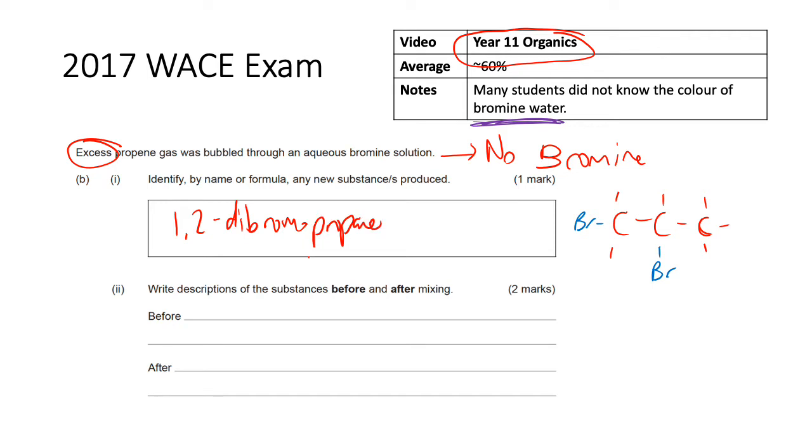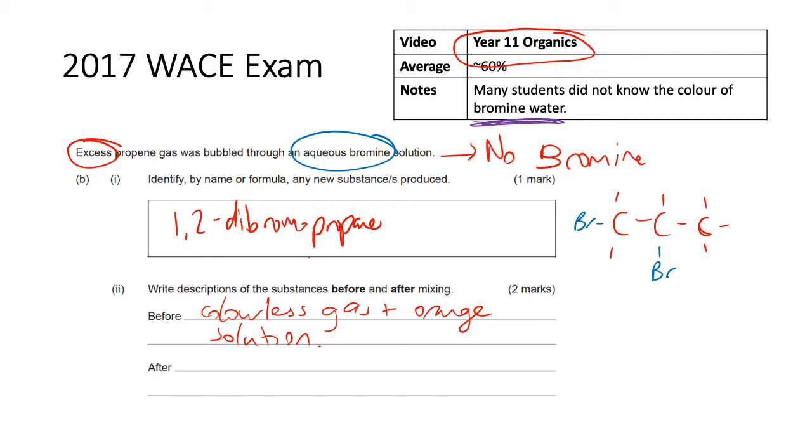Write descriptions of the substances before and after mixture. Propane or any of these gases are going to be a colorless gas. Colorless gas. And an orange solution. If you don't remember what color it is, that's fine. It is on the data sheet, but you have to make sure that you're looking at the aqueous bromine, or the bromine in water, not the bromine in solid or the bromine in the organic solvent.